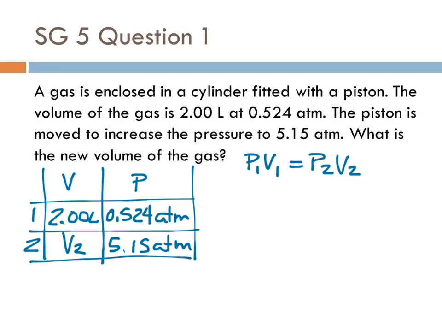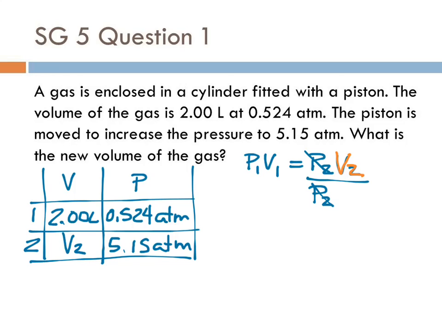So we're going to take this equation and we're looking for V2. So how do we rearrange that? We're going to divide by what is with it. We're trying to get the V2 all by itself. And it's multiplied by P2, so we're going to divide by P2 because then the P2's cancel out.